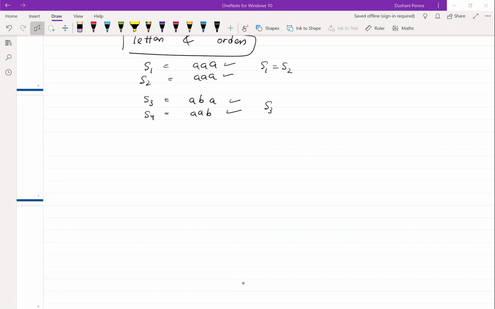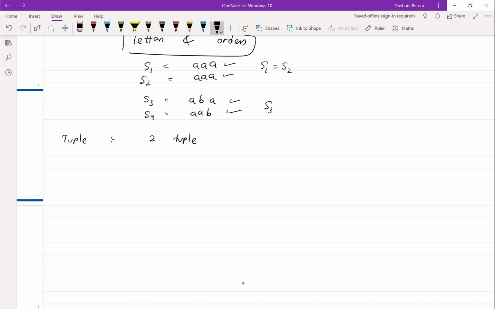Next, we talk about a tuple. A tuple is a finite sequence of objects, or we can say that this is a finite ordered list. If we have, for example, a two tuple, this means that there are two elements in this sequence.